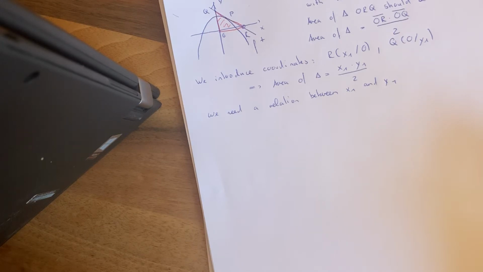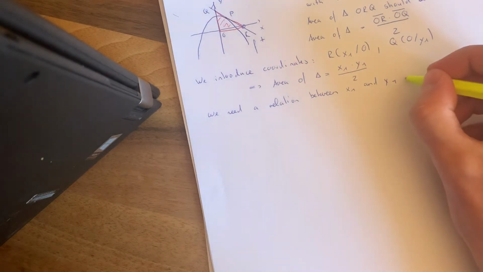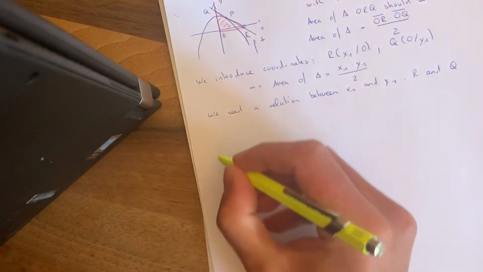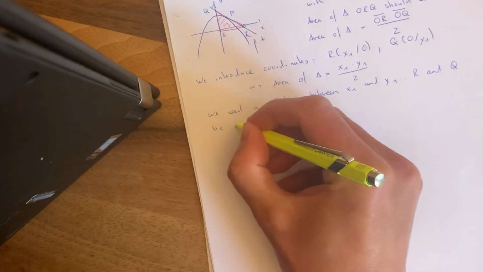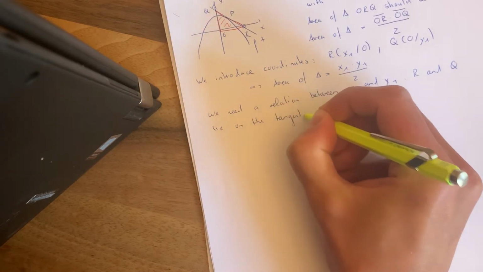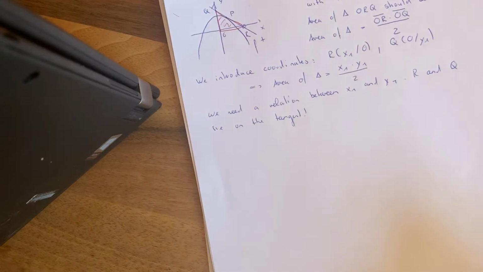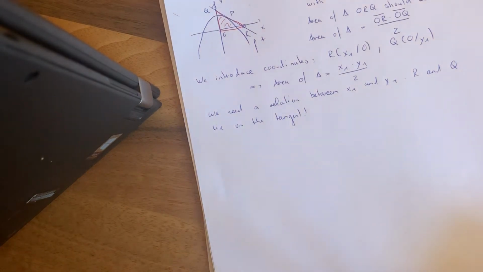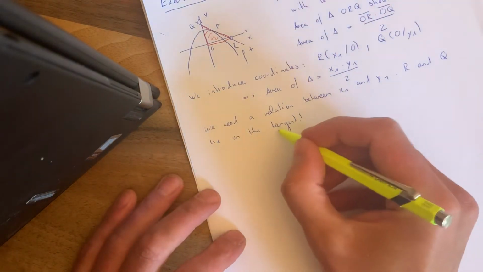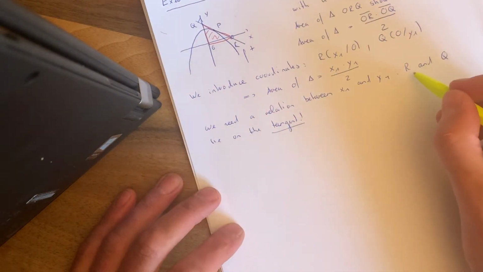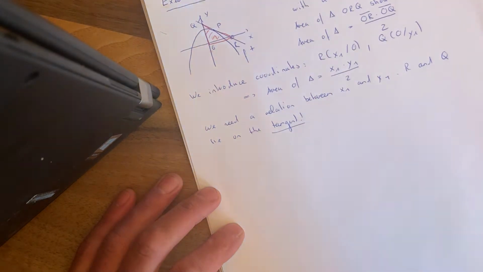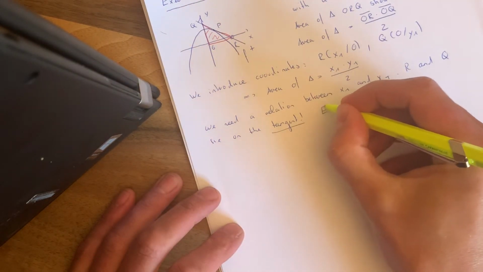We know one single thing, namely they lie on the tangent T. So this is what we are going to use in order to get the relation between x1 and y1 we need. Of course, the only thing we know about R and Q is that they lie on the tangent, so we need the equation of the tangent.